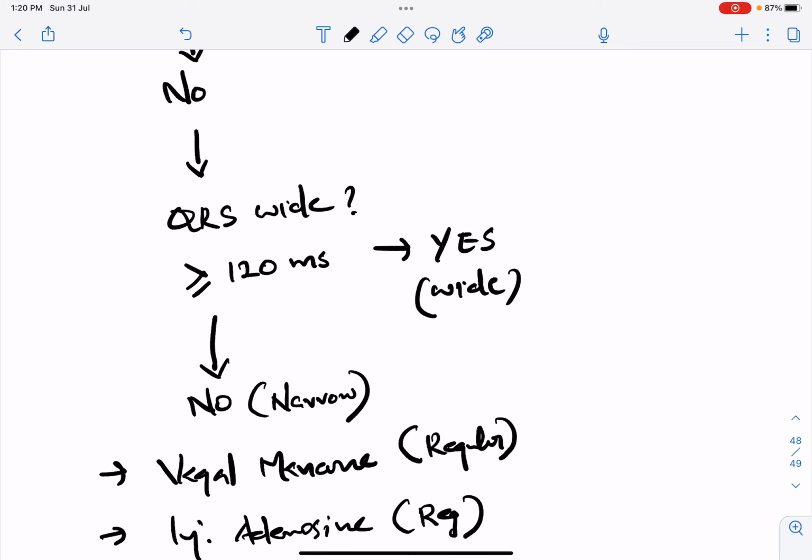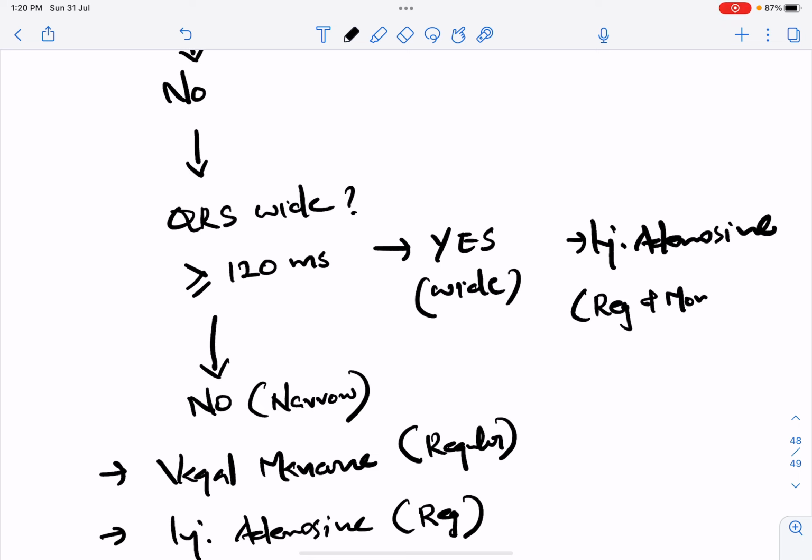So here also, you can give injection adenosine, but only if it is regular and monomorphic, because one of the differential diagnoses of regular monomorphic wide complex tachycardia is SVT with aberrancy. So we can try injection adenosine. If it is aborting with the injection adenosine, it may be SVT with aberrancy. Otherwise it will be monomorphic ventricular tachycardia.